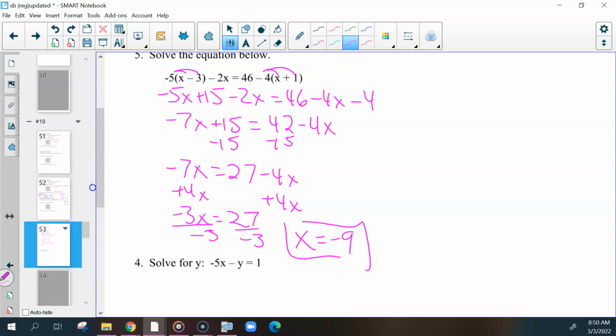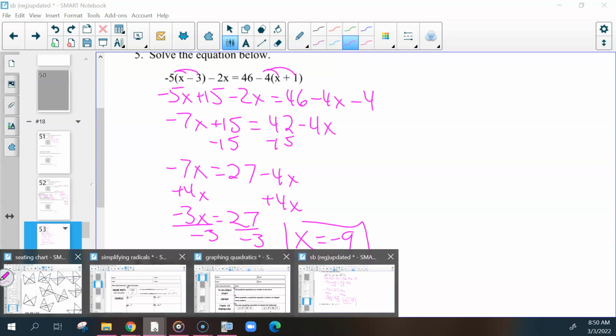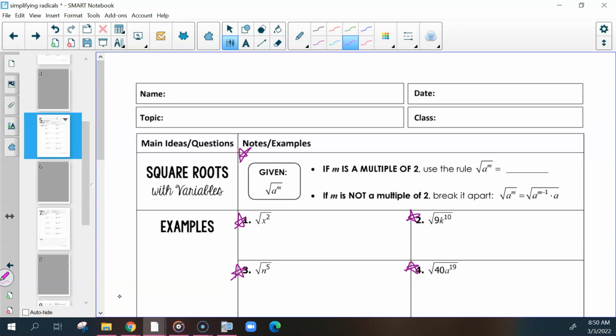Get your notes out in front of you and find this page. So last class we talked about how to simplify square roots and cube roots when they were just numbers. Now we're going to add variables to that mix.